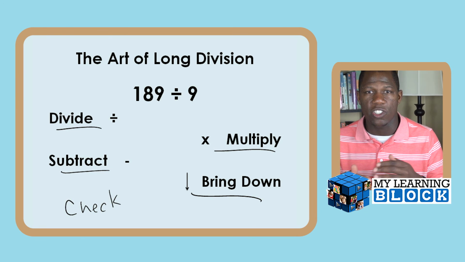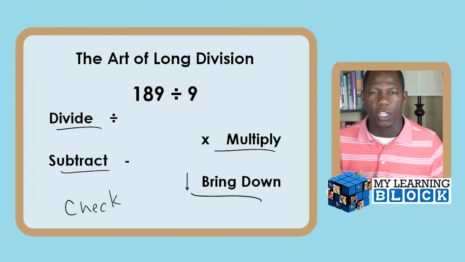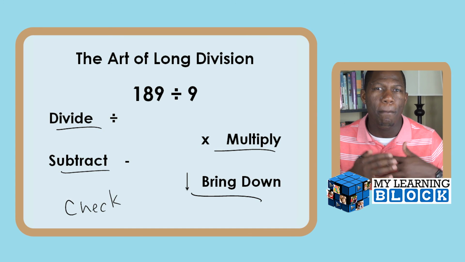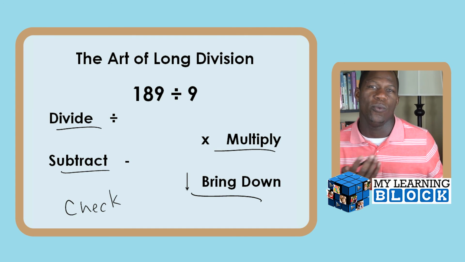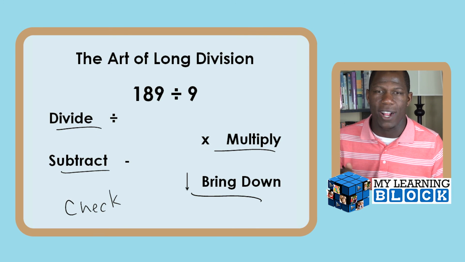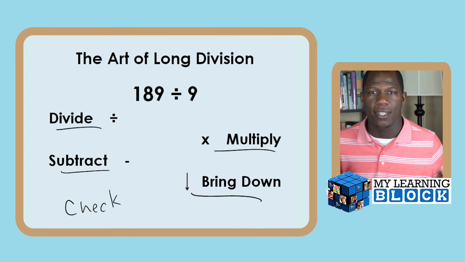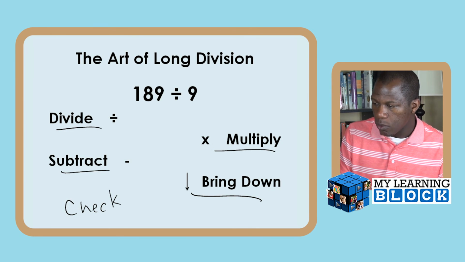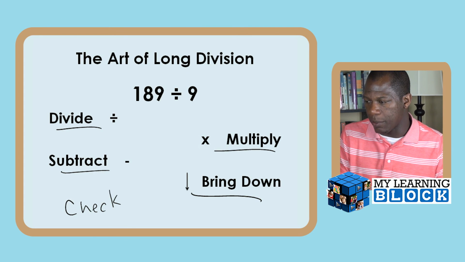Between each step, you check to make sure you're covered. If not, you can have a whole mess of things and wonder where your problem has gone and what's wrong with it. It's okay. Take your time. When you're working with your child, remember: divide, multiply, subtract, bring down.